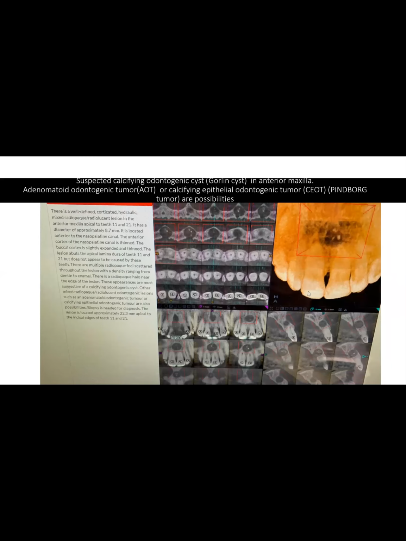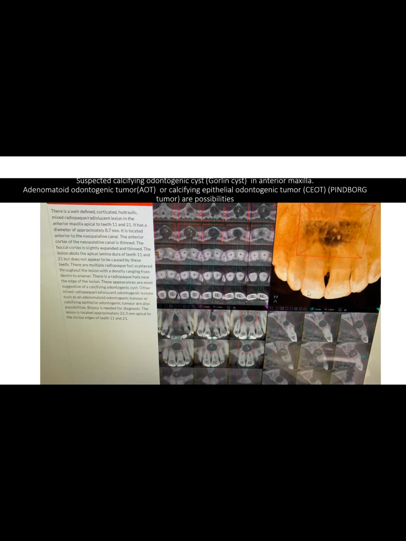Okay, there is a well-defined corticated mixed radiopaque radiolucent lesion in the anterior maxilla apical to the teeth 1-1 and 2-1. It has a diameter of approximately 8.7 millimeters. It's located anterior to the nasopalatine canal. The anterior cortex of the nasopalatine canal is thinned.